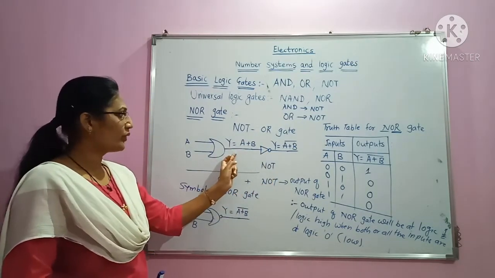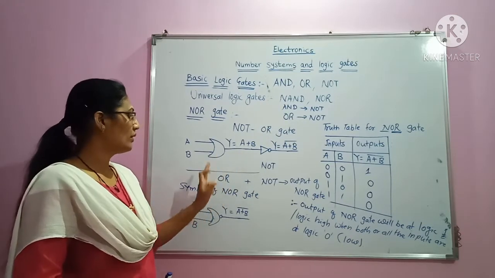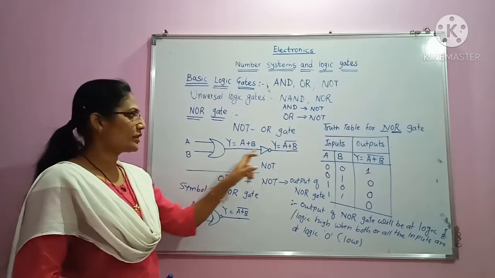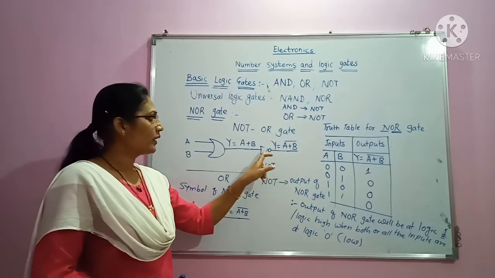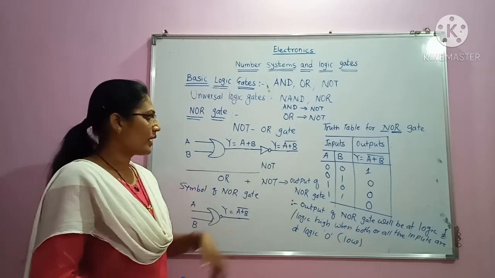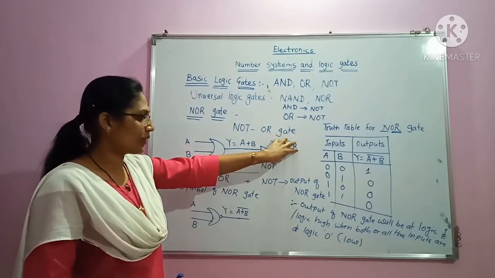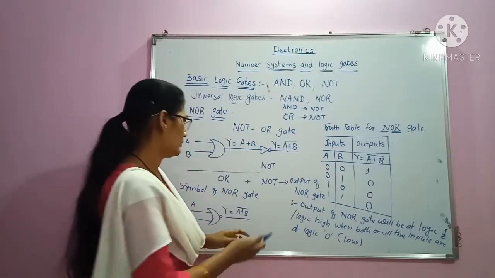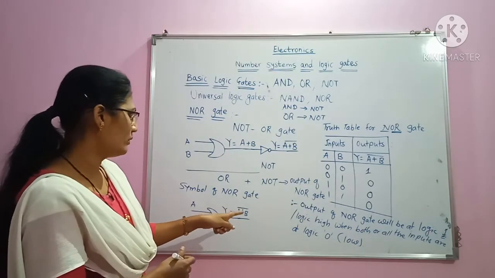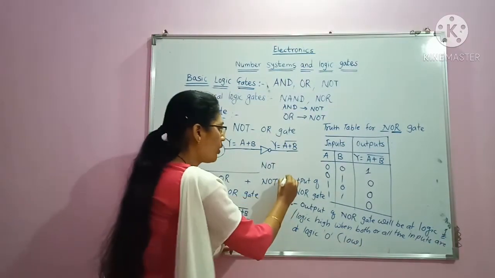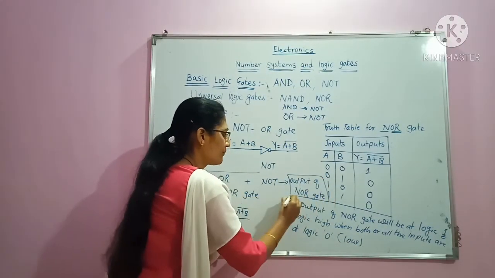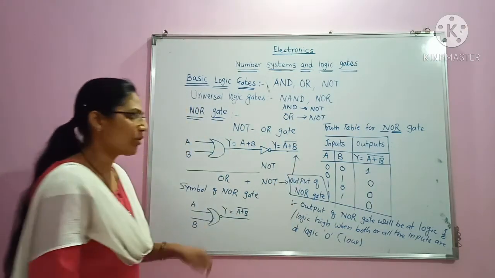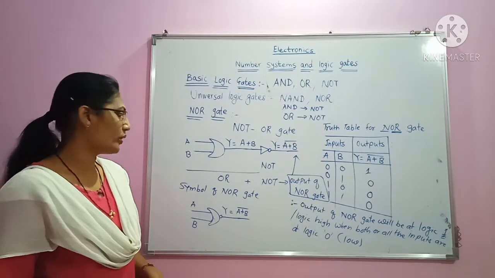So I have inverted the output of the OR operation by a NOT operation, and this output is nothing but the output of NOR gate. Here I have written the output of NOR gate.